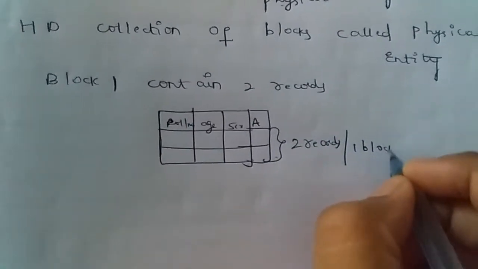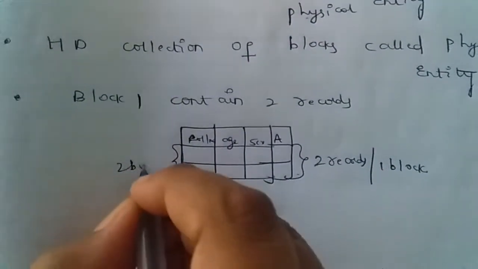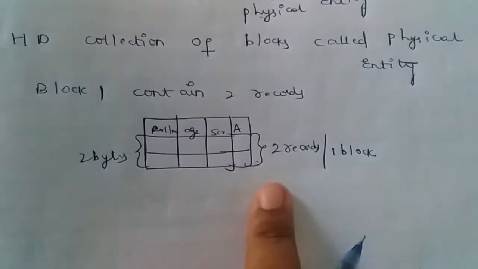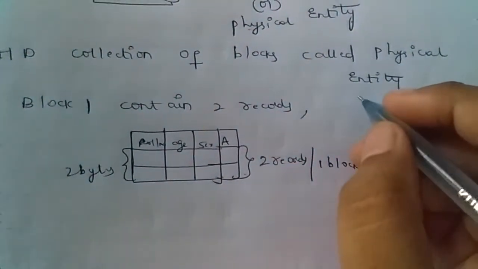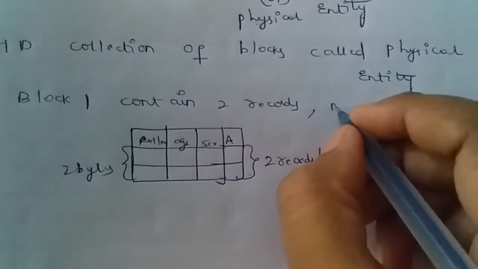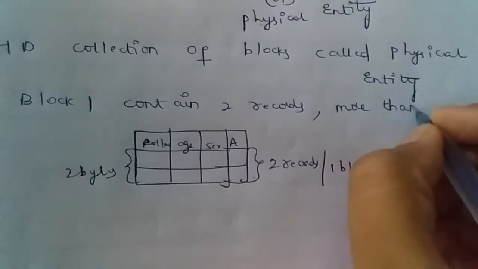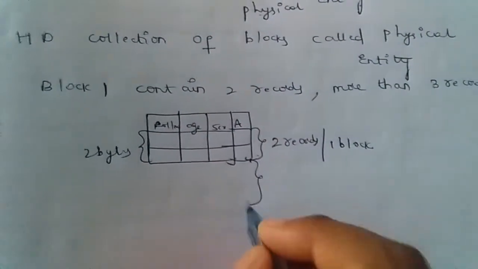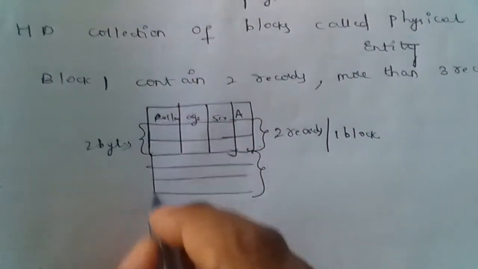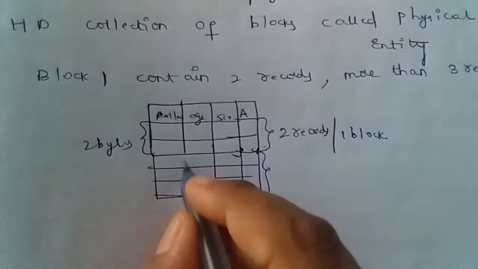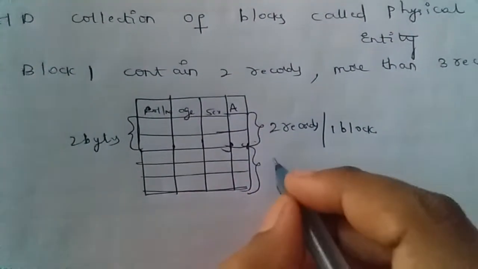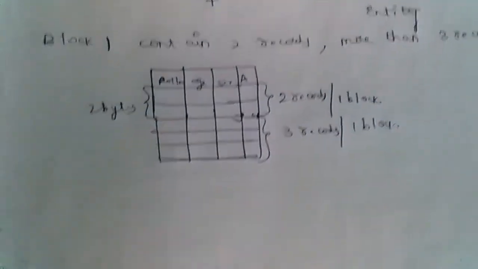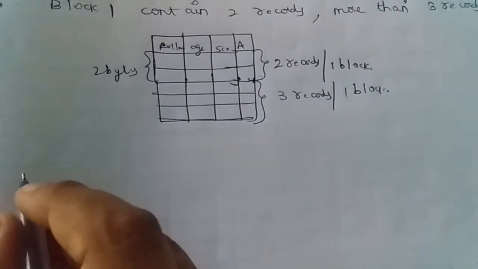In block 1, these two are the 2 bytes. Not only 2 records, but more than 3 records we have to combine like this. This is one example we are seeing.